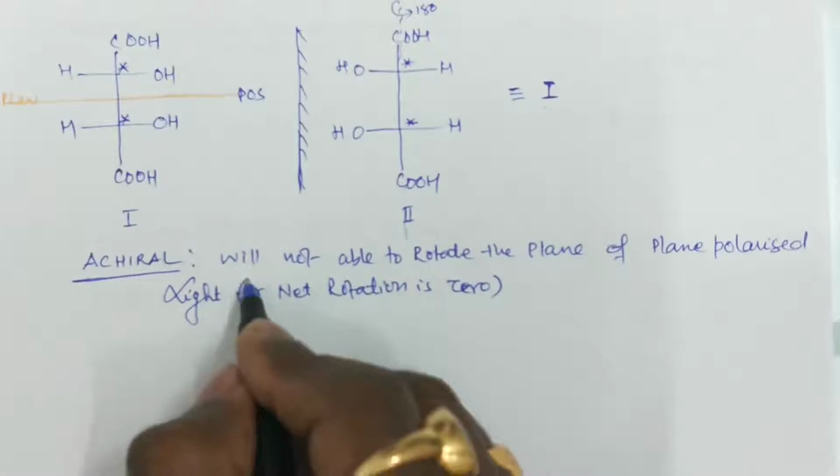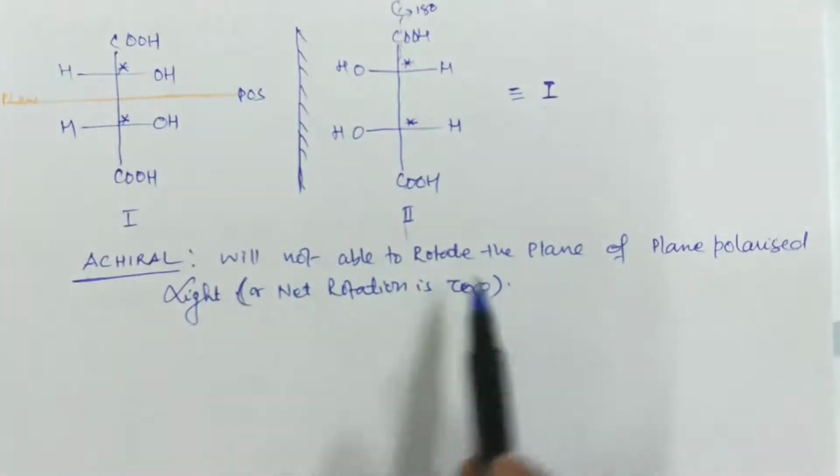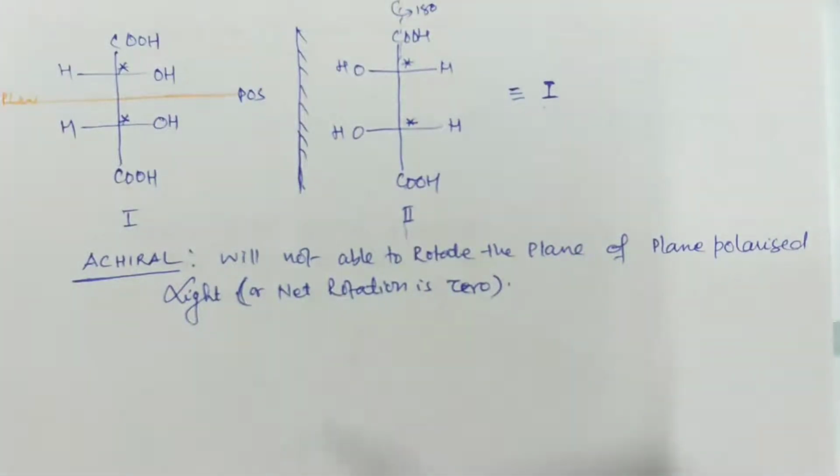In other words, you can say the net rotation is 0. Suppose that molecule is rotating, but due to some reason the net rotation is 0, then also it is achiral. So this molecule is achiral because it has no net rotation, right?